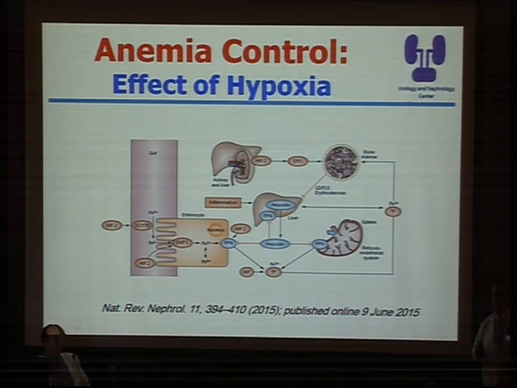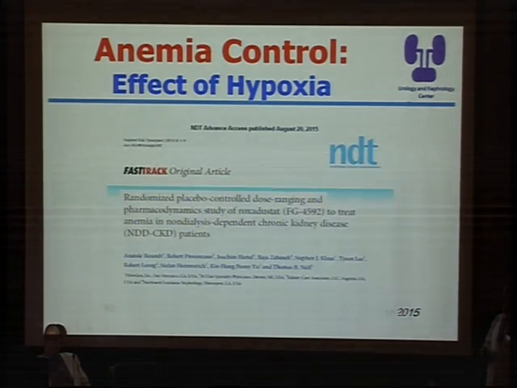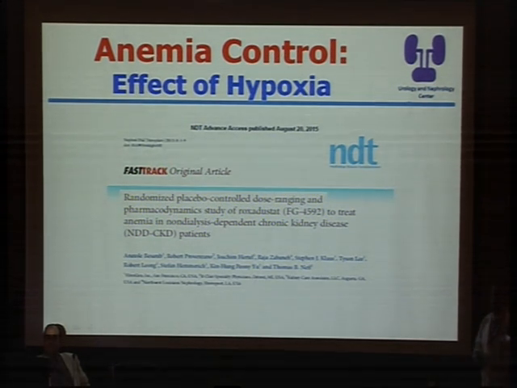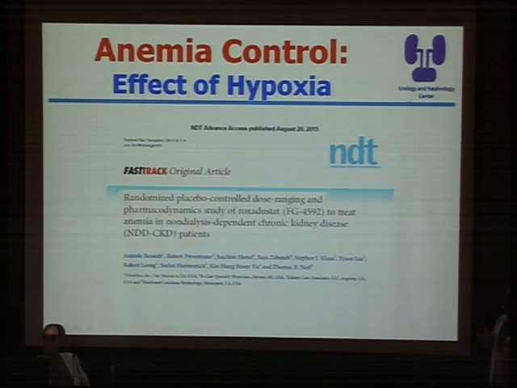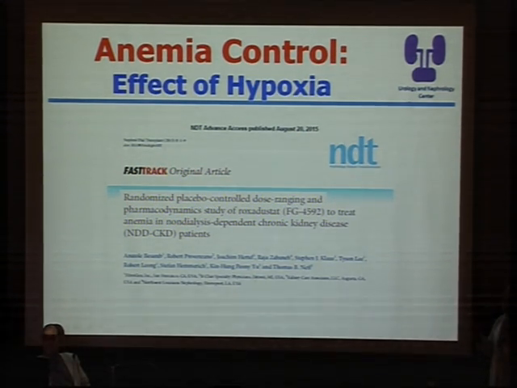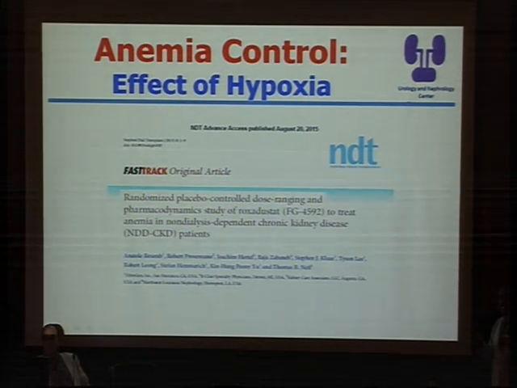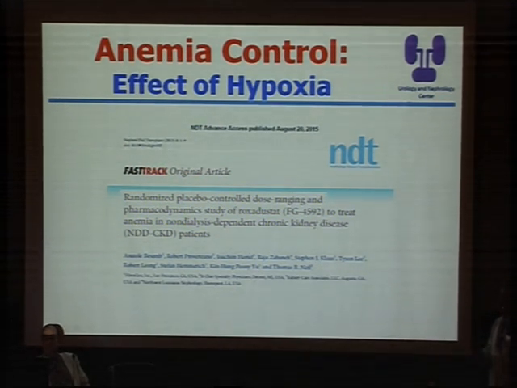So in this way, it can treat anemia. And one of the advances is to use the oral hypoxia-inducible factor stabilizer, which inhibits the prolyl hydroxylase enzyme, so it stabilizes the hypoxia-inducible factor. It is very interesting.